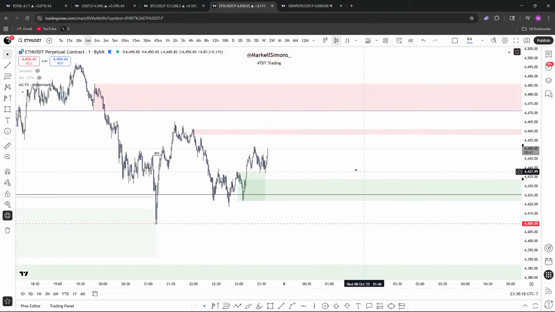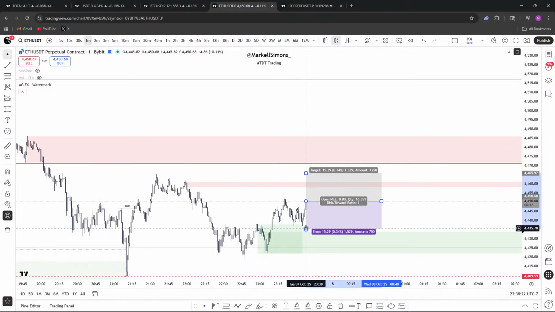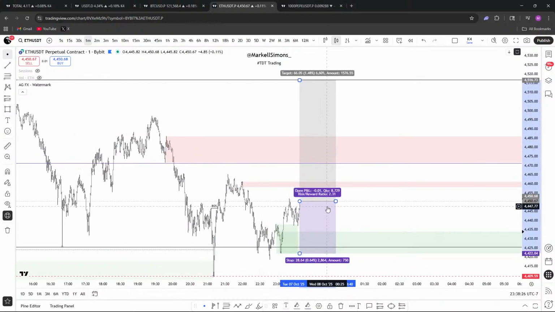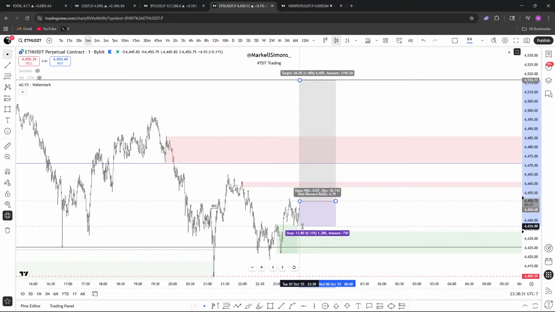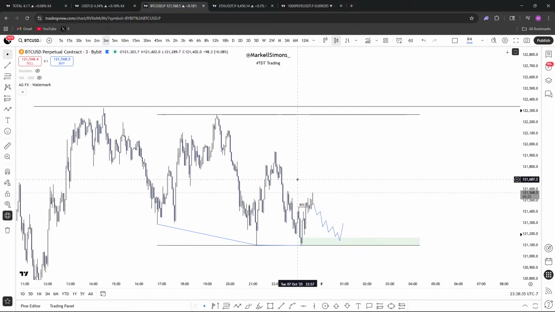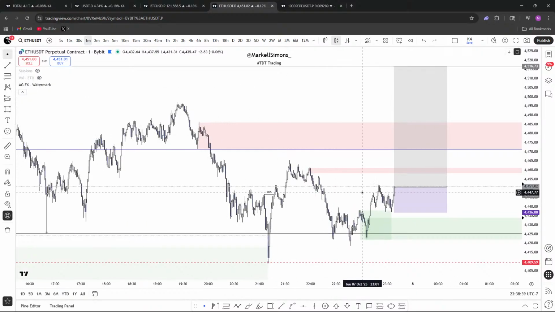This is a trade. I'm not gonna lie. This is a trade. This looks really good. I'm not gonna lie.